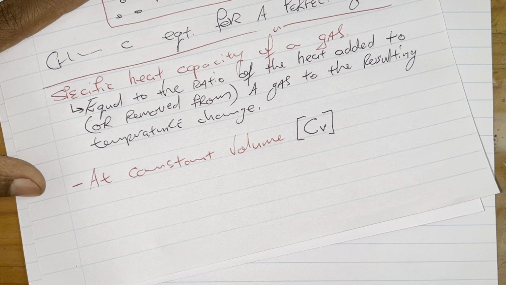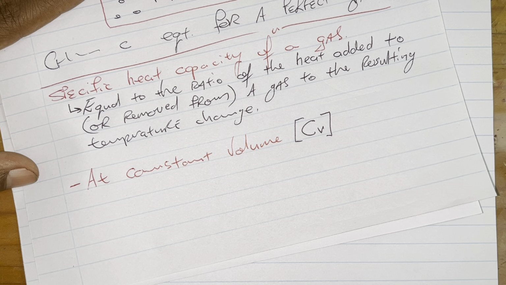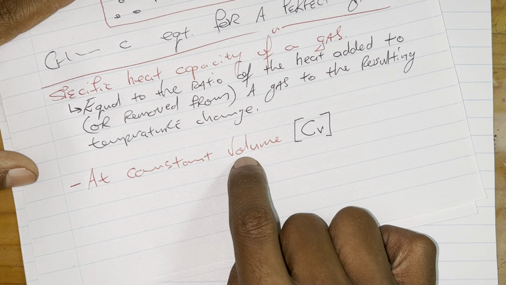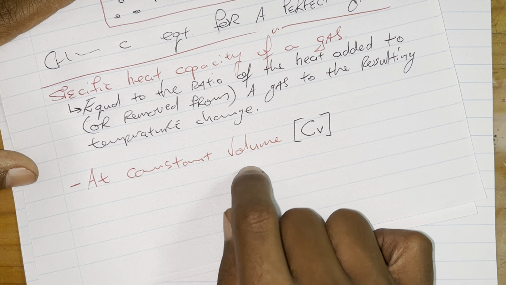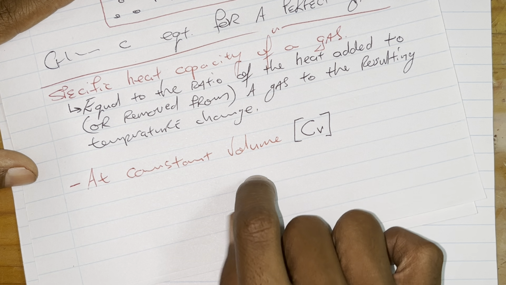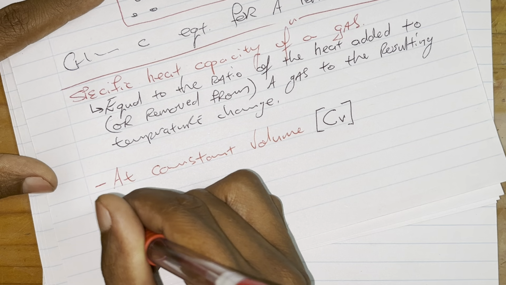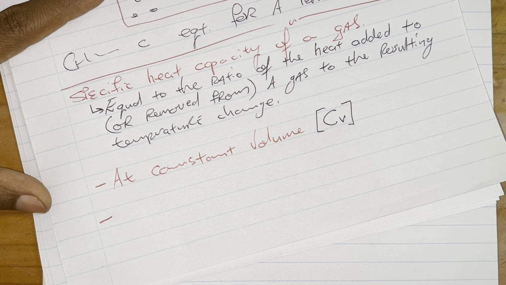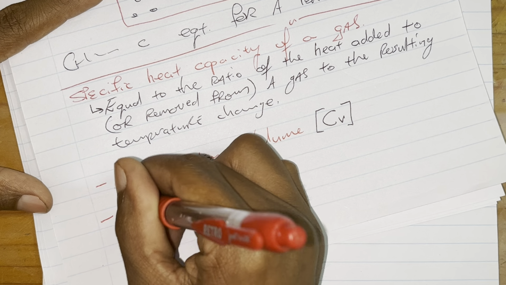This is the amount of heat transferred when the volume remains constant and the temperature changes by 1 degree. Okay, simply meaning at constant volume, the amount of heat transferred when the volume remains constant and temperature changes by 1 degree.